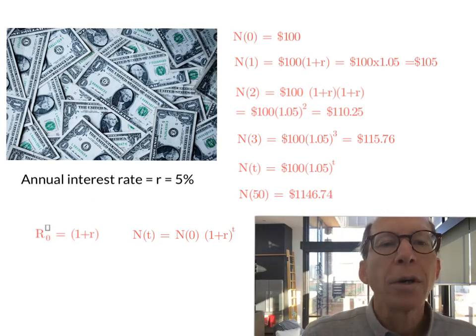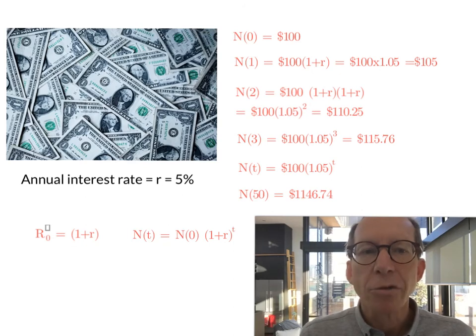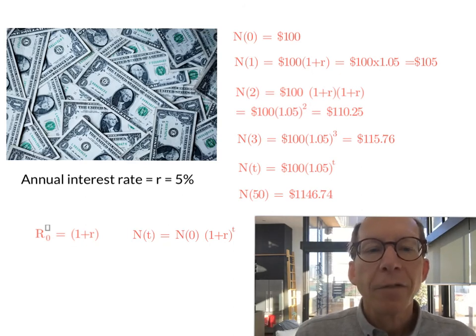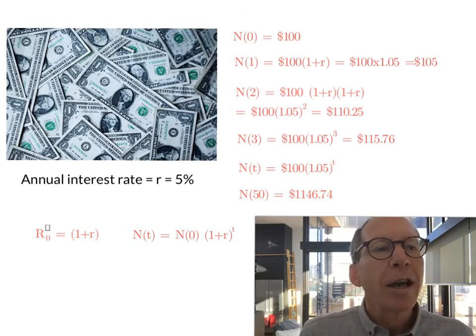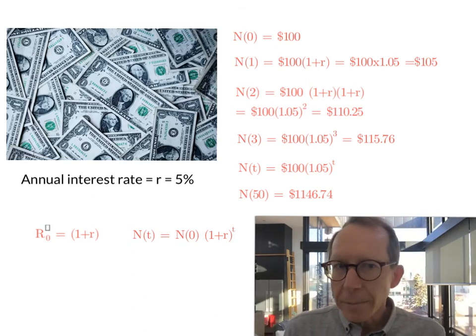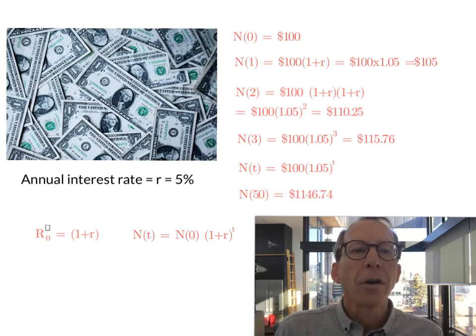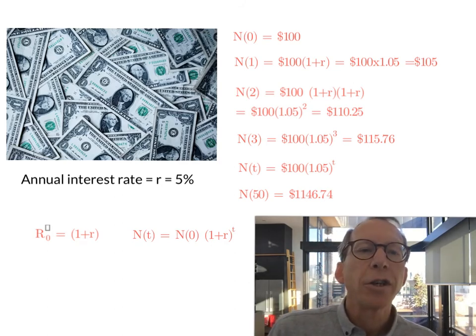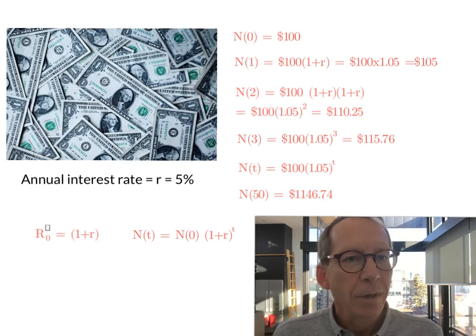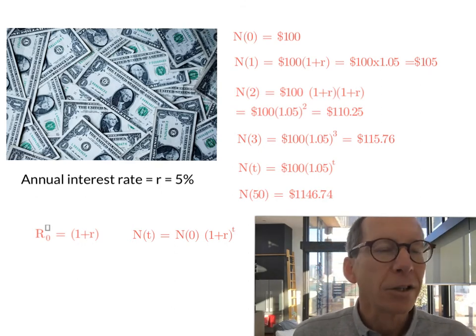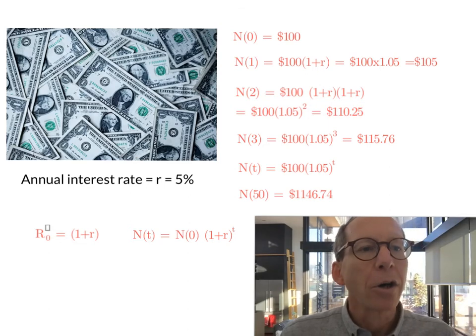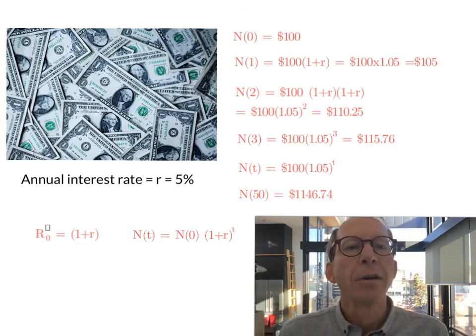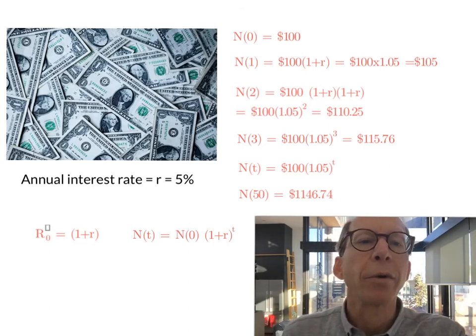For example, just using our 5% interest rate here, if you've got 25 more years before retirement and you access your $10,000, then the lost retirement income for 25 years in the future is 10,000 times 1 plus R, so 5%, so 1.05, to the power of 25, just our little formula that we've got over here.